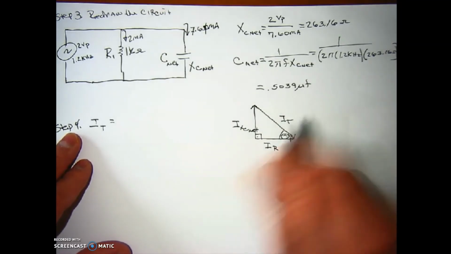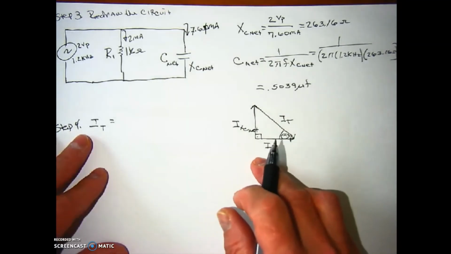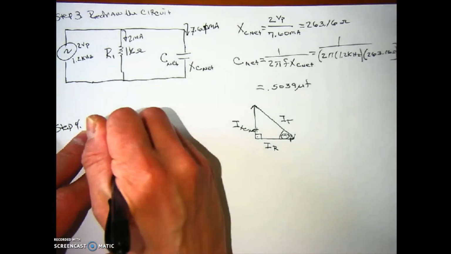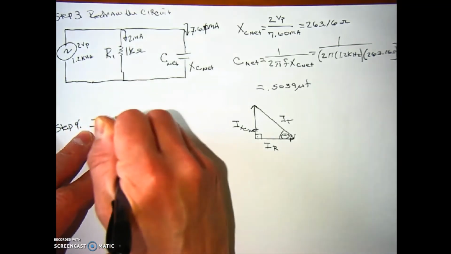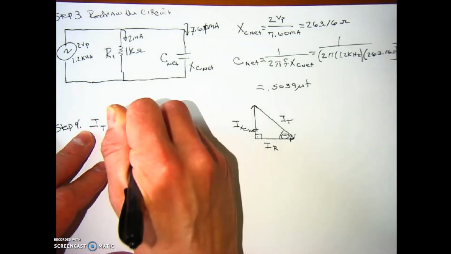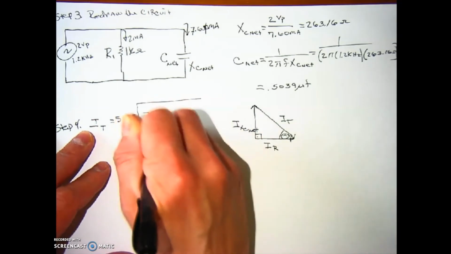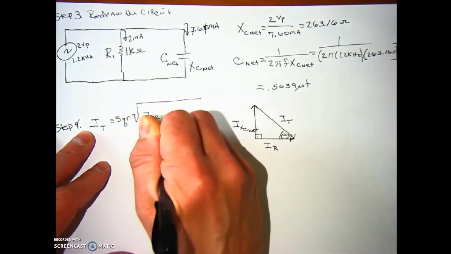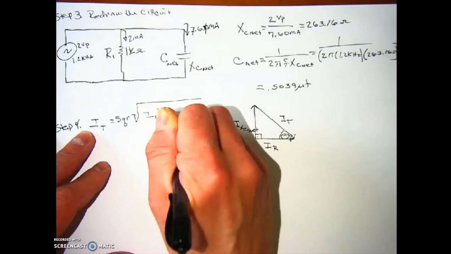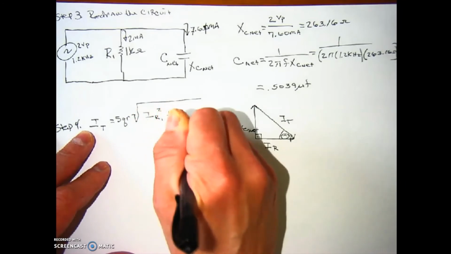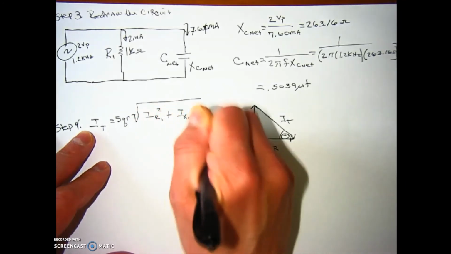So we can actually use the Pythagorean theorem, and using some simple algebra, I total is equal to the square root of IR1 squared plus I x sub c net squared.